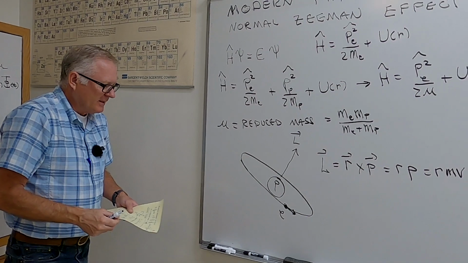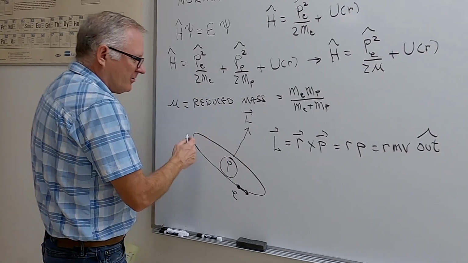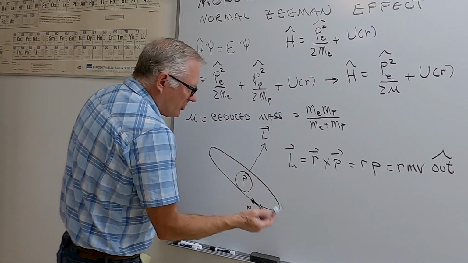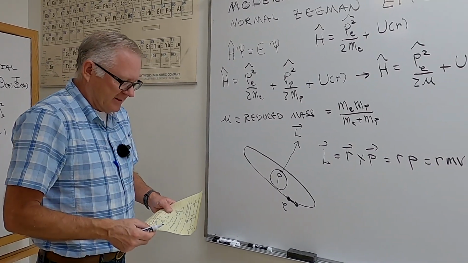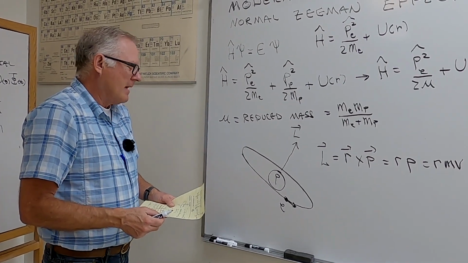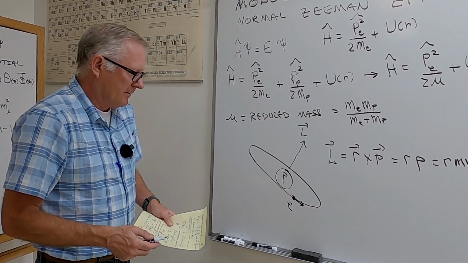Since we have a charge going around in a circle, if you remember from electromagnetism, there's a magnetic dipole moment, mu.